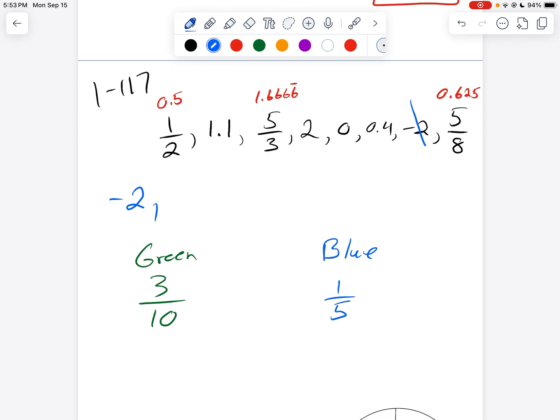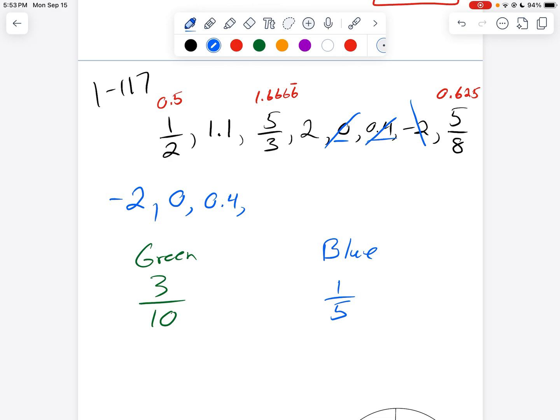Okay. Now, the next smallest decimal that we have here is 0.4. Actually, no, I did forget one right there because I do have a 0 right there. 0, okay? Now, the next one that I have, it's the smallest out of these decimals that we have, is 0.4. 0.4, and I'll cross that one out as well, okay?